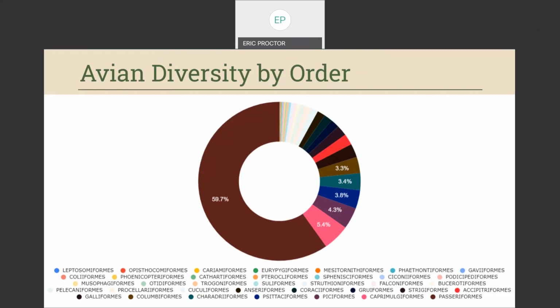The Caprimulgiforms, or the nightjars, are the next most diverse, with about 5.5% of all bird species. Then orders containing woodpeckers, parrots, gulls, and doves round out the top, each of those containing about 3 to 4% of all bird species. By contrast, there are 2 bird orders that only have a single bird species.